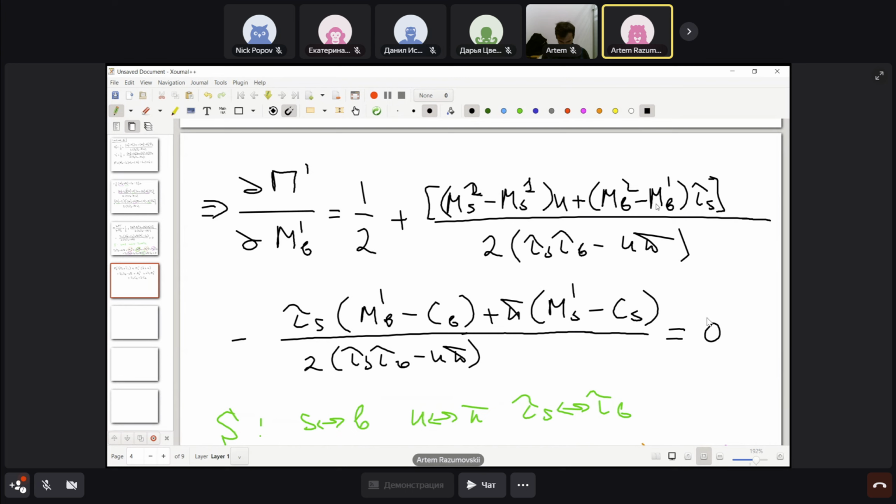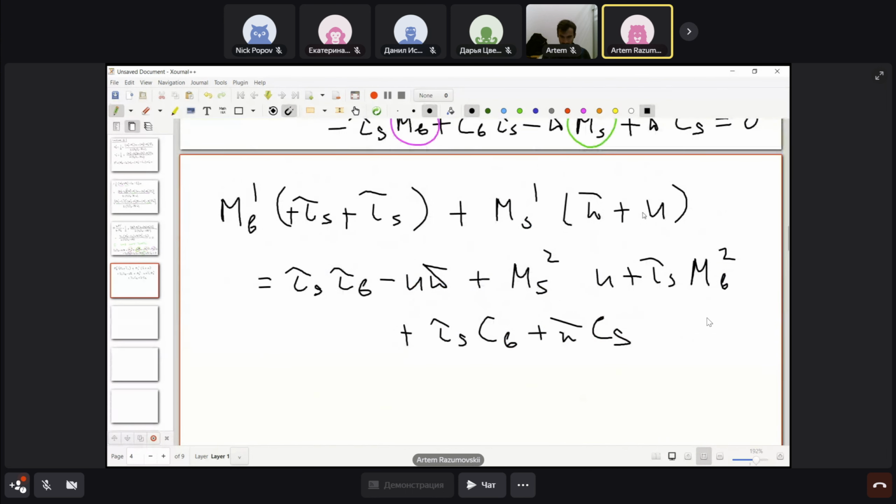Yeah, that's fine. Okay. It looks like we can somehow simplify it, at least from my notes. Everything is correct, but okay.